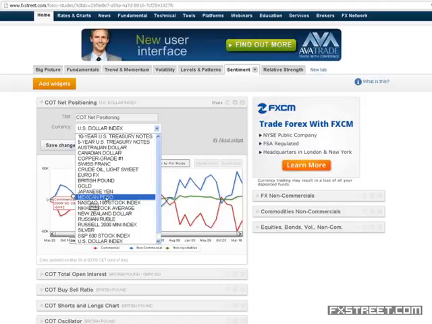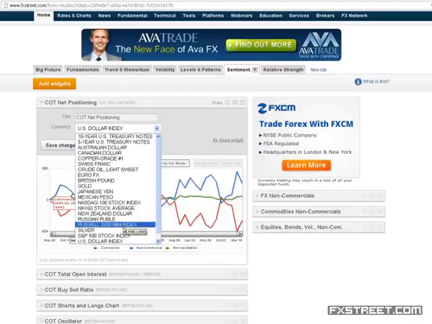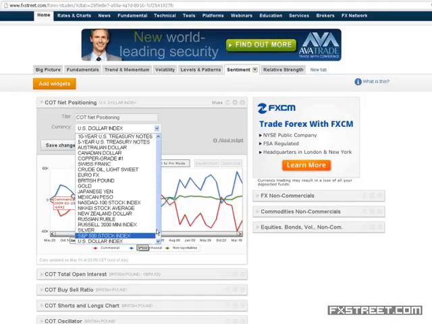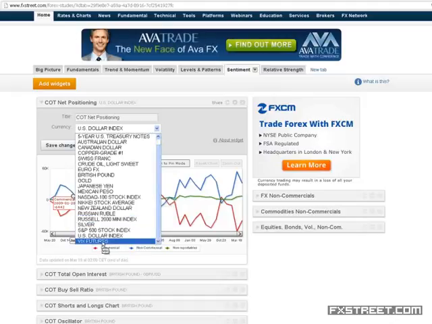You have some exotics, let's say the Mexican peso. You have some indices as well: the Nasdaq, the Nikkei, the Russell. Okay. Also silver among the commodities, and also the S&P 500 and dollar index, and also the forward volatility. You have the VIX futures.